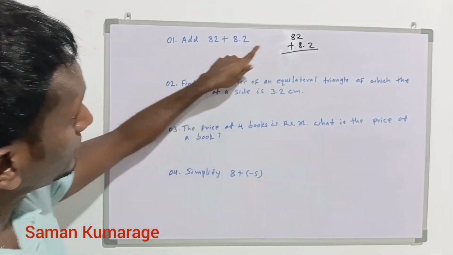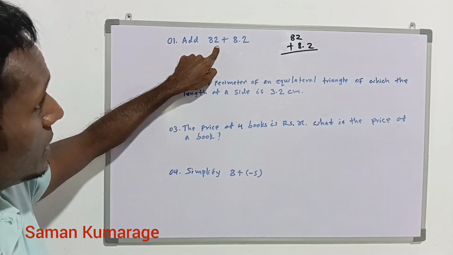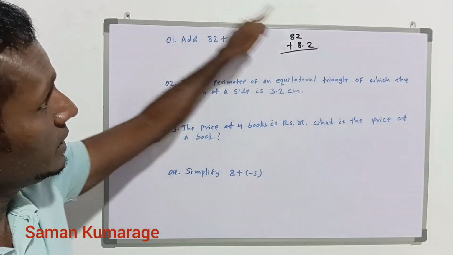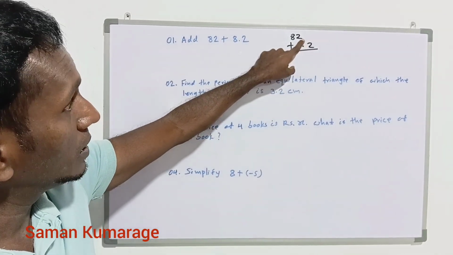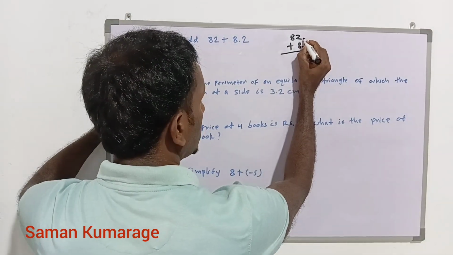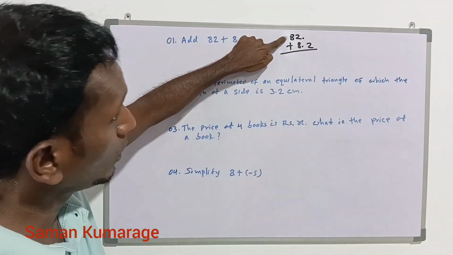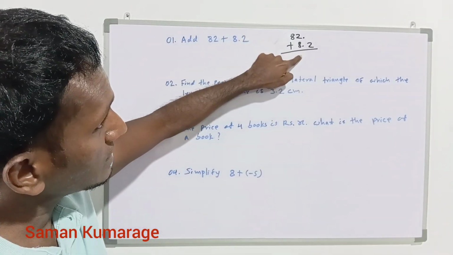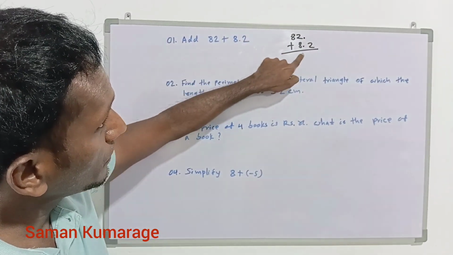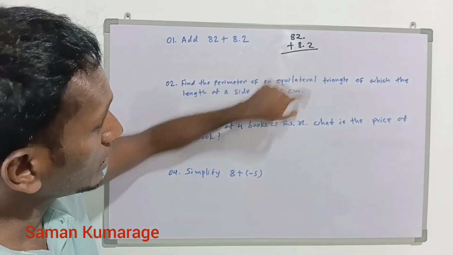We know that in whole numbers the decimal point is there, at the end it is invisible, so we can put the decimal point here at the end of the whole number and annex as many zeros as the number of decimal values in the decimal number.